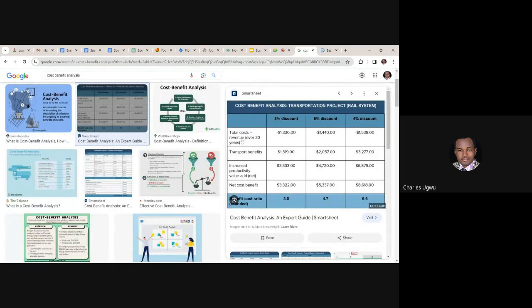This is the cost, and this is the total cost and total benefit.